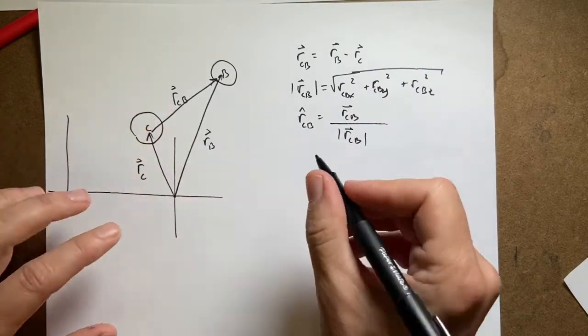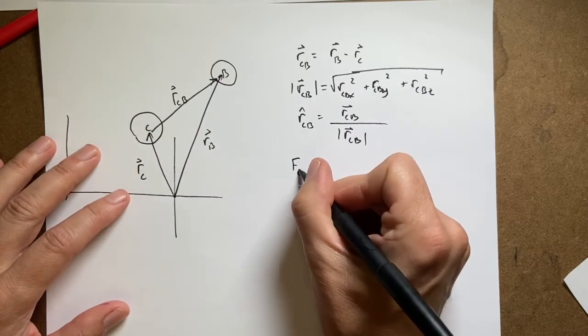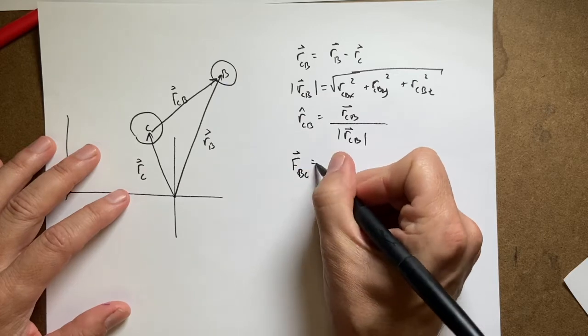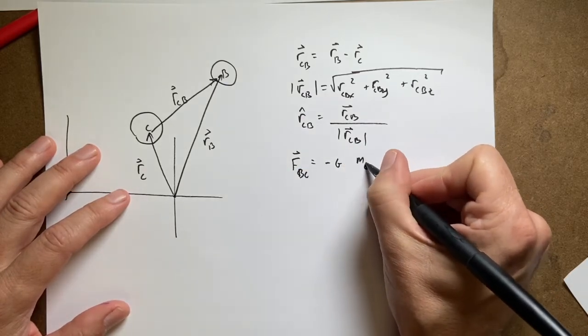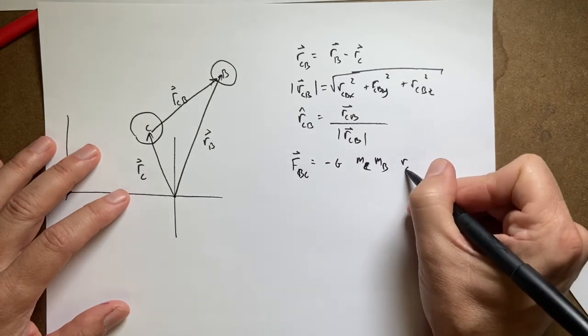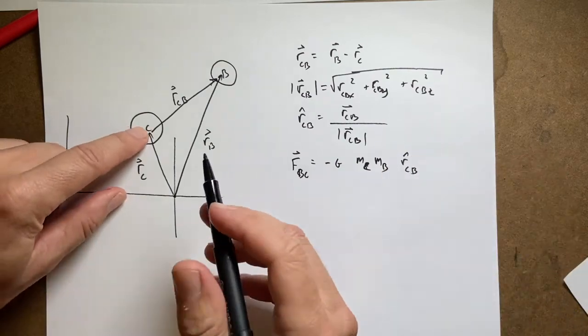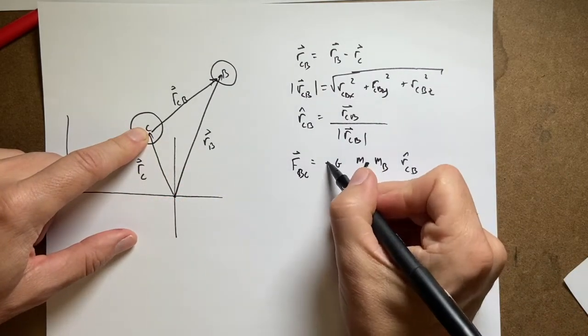And then once I do that, I can calculate the gravitational force FBC. It's going to be negative G MC MB RCB hat, because see, look, I'm finding the force on this one. Oh no, in this case it's actually going to be positive, right?